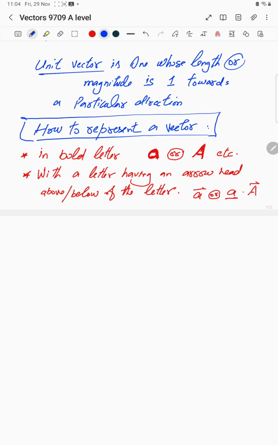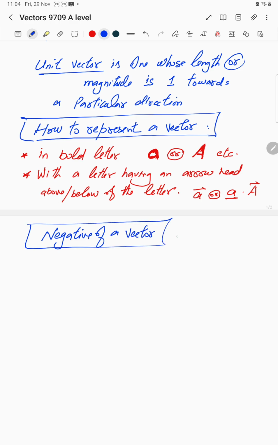Now guys, we need to know about the negative of a vector. What does it mean? Suppose a vector A is moving in this particular direction with a magnitude, say 2 units.